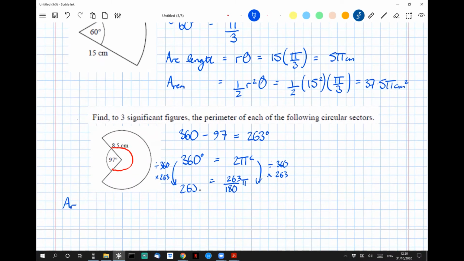So the arc length is equal to r theta. Write it out to remember the formula. Equals 8.5 times our angle, 263 over 180 pi, equals.